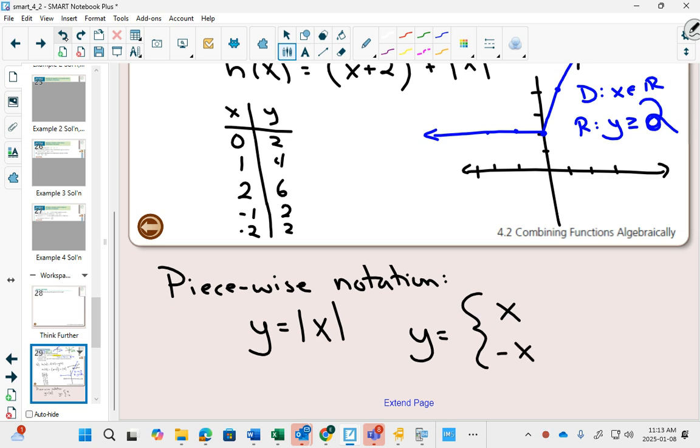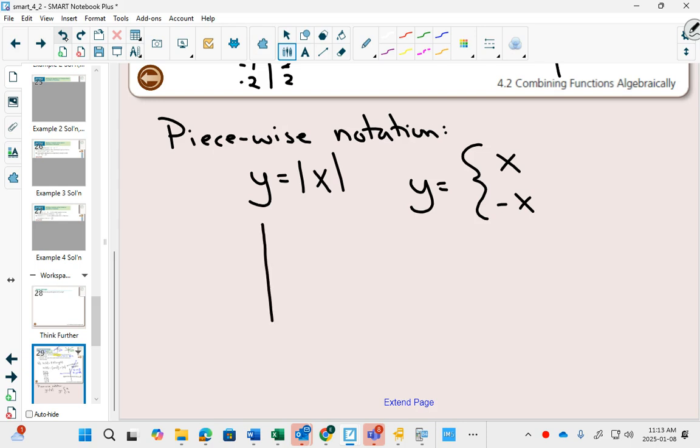Can you see the negative x graph and the x graph put together? I'll try to color code this. This in green is my absolute value graph.